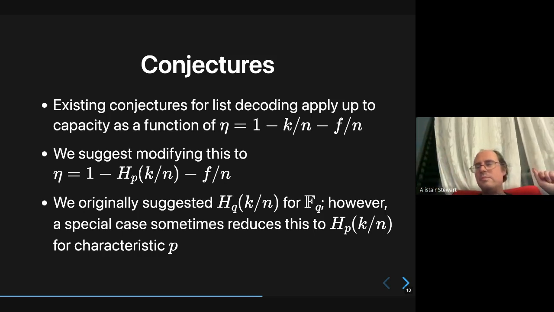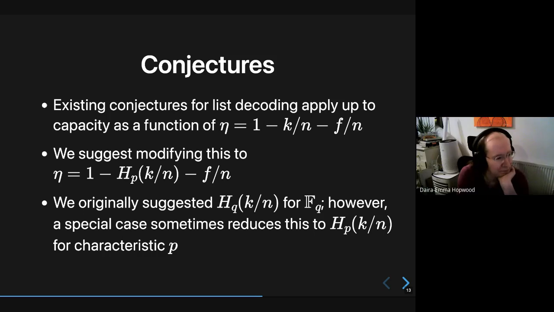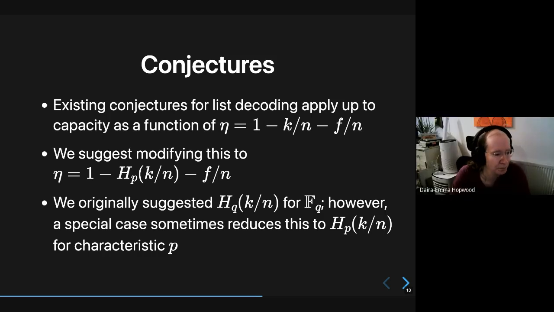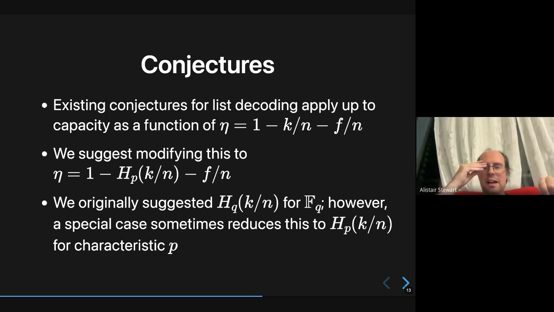And this H2 is the binary entropy, just a standard thing that goes up to 1. It's the entropy in bits of a Bernoulli, and if that has a half, it's exactly 1 bit, and then it goes down to 0 on either side, including for rho close to 1.